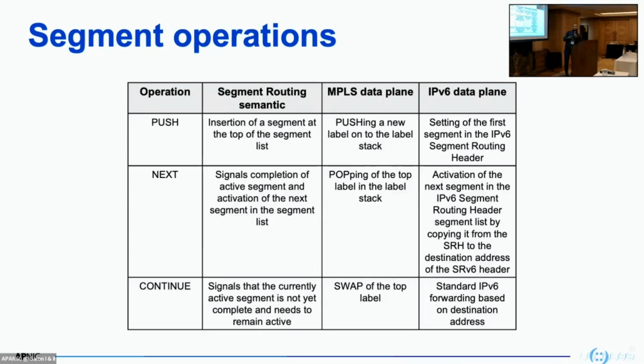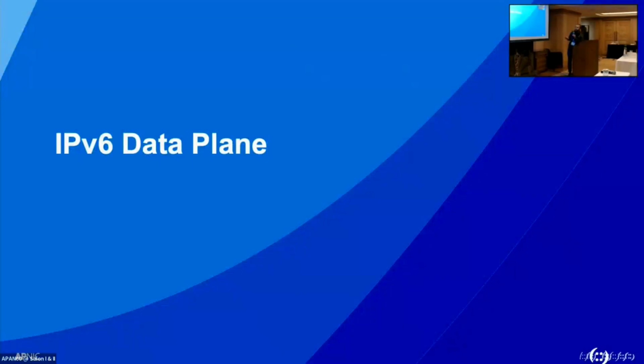Next is the pop, where you remove a level, that becomes next. But if you swap, it becomes continue. We'll see how it works. It's simple, and when we do the animated diagrams, it's going to be easier.